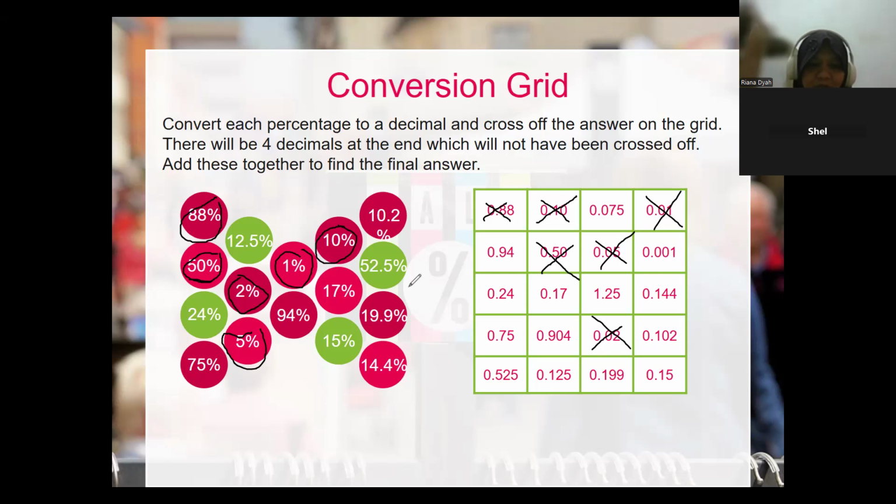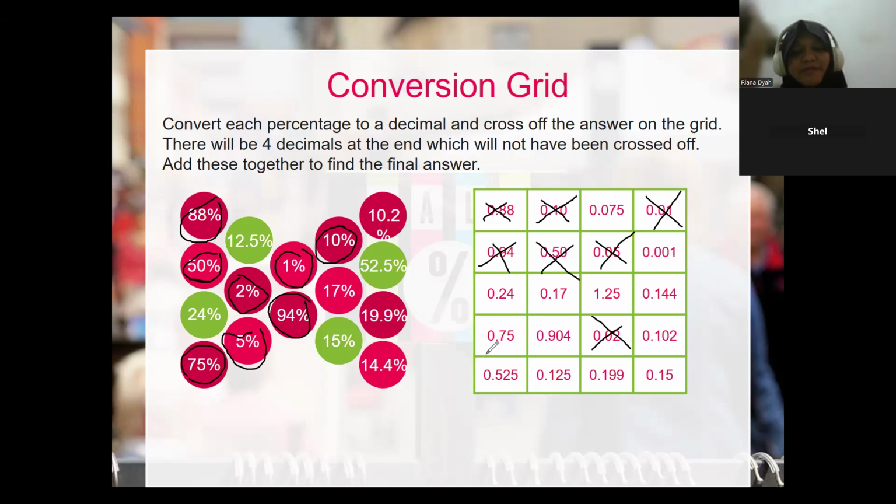Which one again? Maybe 94%. 0.94. Oh yeah, that is here. Yay. What about 75? 0.75.